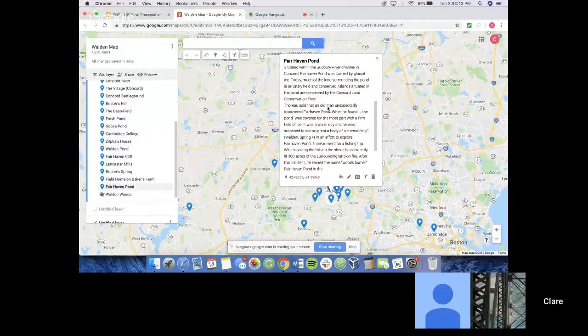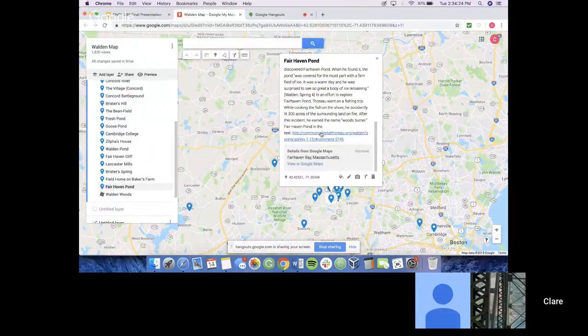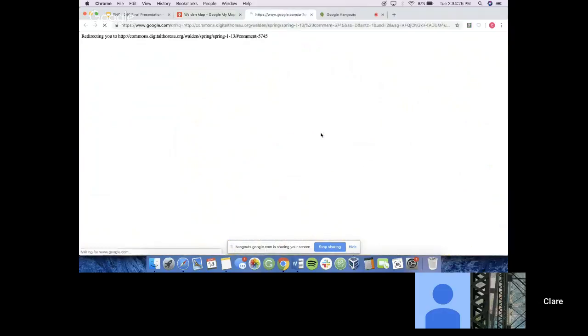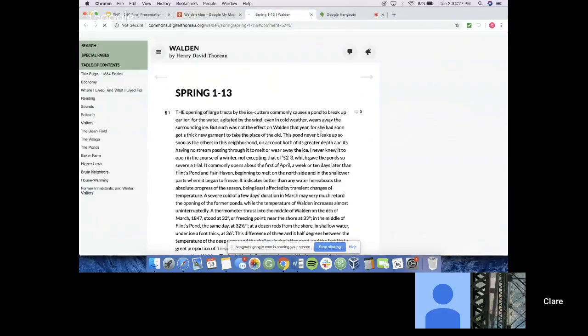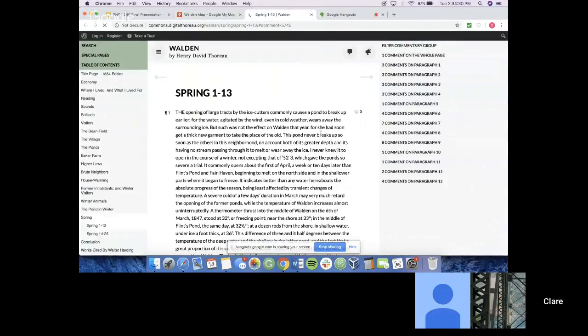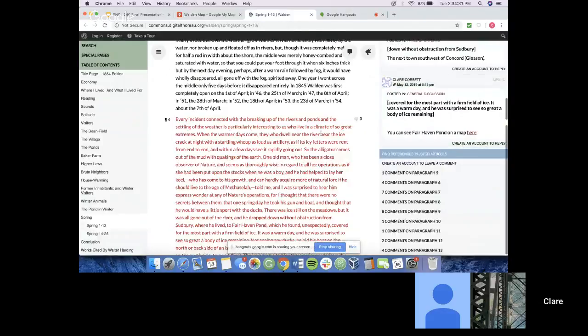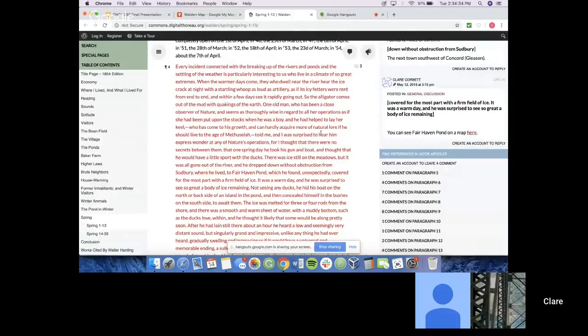As you can see, we included the passage from Walden that the place was mentioned in, and we also included a link here that goes right to the passage in the text. So it points out where the place is mentioned, and we also put a link here that goes right to our map.